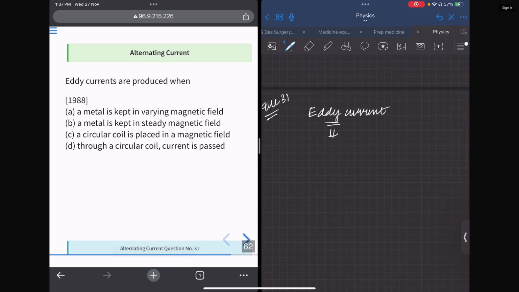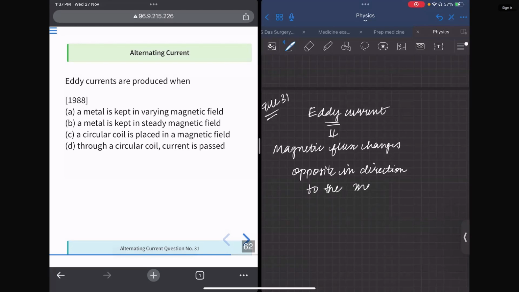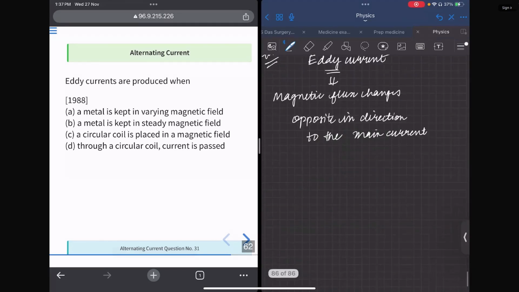Eddy currents are currents which are produced when the magnetic flux changes. These currents are opposite in direction to the main current, due to which they cause loss of current, loss of energy.